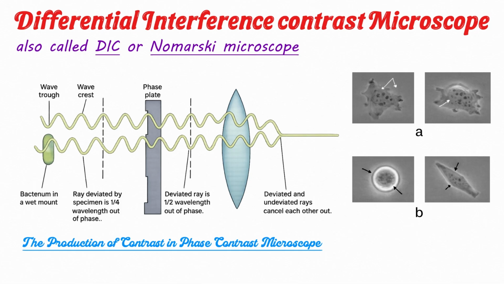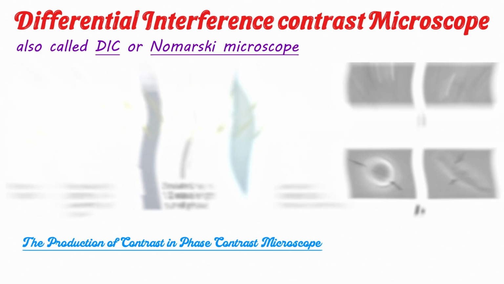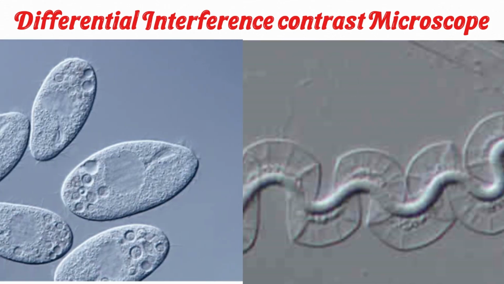To overcome these limitations, the Differential Interference Contrast microscope was developed. It produces much sharper images, provides excellent contrast, greatly reduces halo artifacts, and creates an embossed or shadow-like appearance that makes transparent specimens easier to study. However, it is important to remember that this is not a true three-dimensional image.